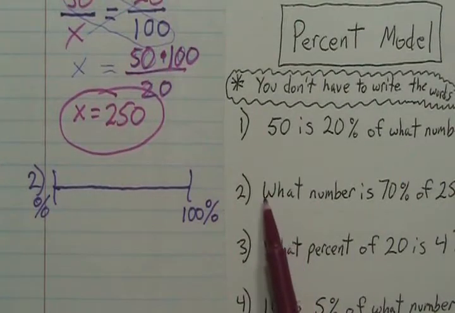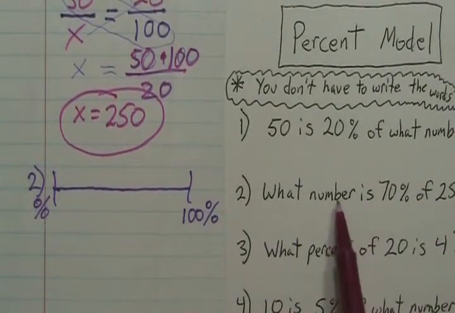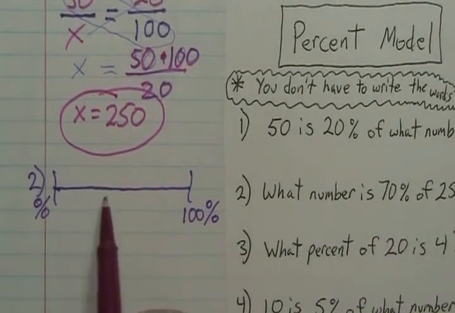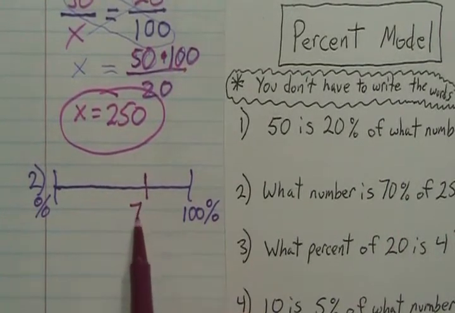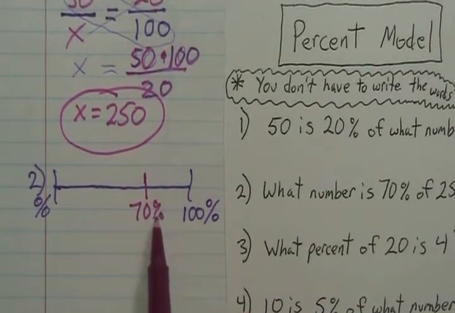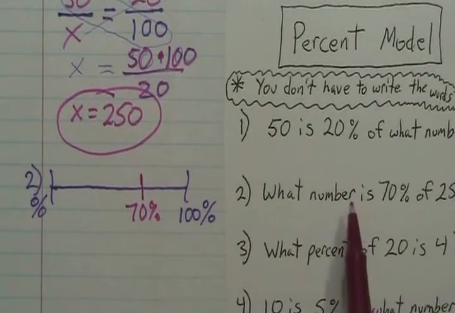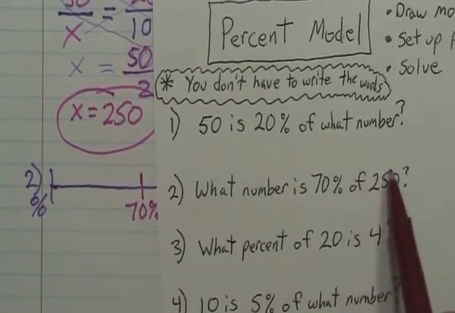And the problem is, what number is 70% of 250? Well, 70% is about here maybe. What number is 70% out of 250?